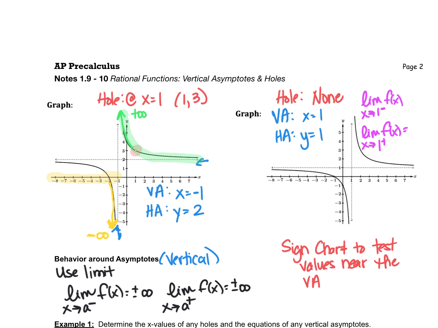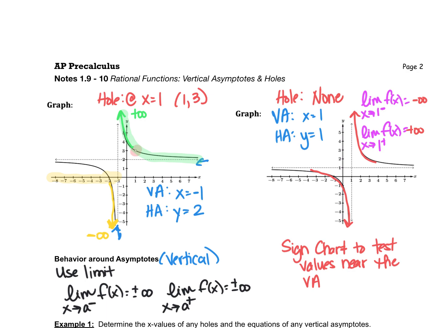Okay. And now we want to talk about what it's doing on the left and the right-hand side of that asymptote. So on the left-hand side of my vertical asymptote, I'm pointing down, so we call it negative infinity. On the right-hand side of my asymptote, as I get super close to it, I am going up, so we call it positive infinity. Okay, so just to give you an idea of what those limit statements look like when we're looking at a graph.